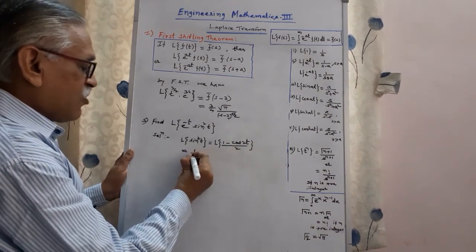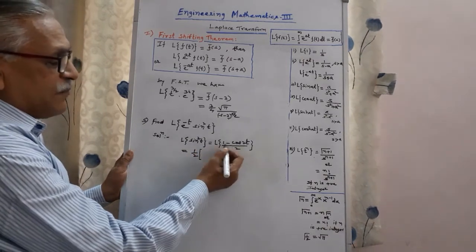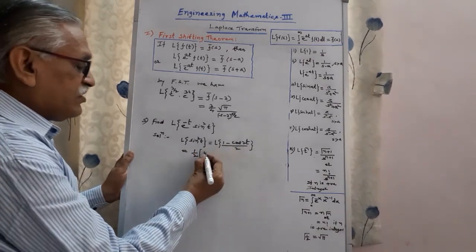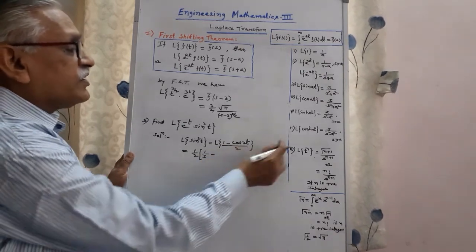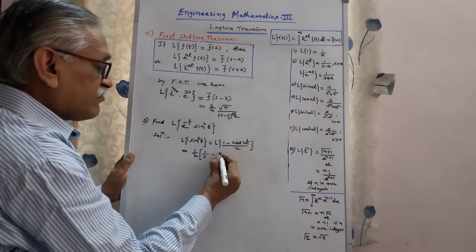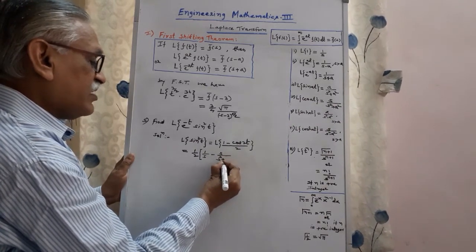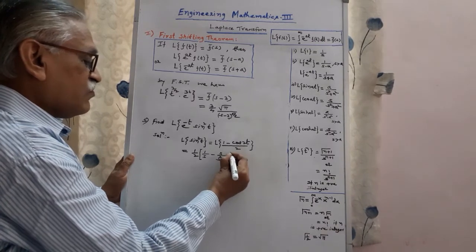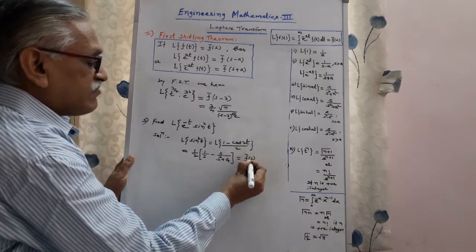Applying the property of linearity, 1 by 2 constant outside, and then taking Laplace of individual terms. Laplace of 1 is 1 by s, Laplace of cos 2t is s upon s square plus a square, 2 square 4, and we call this f bar of s, say.